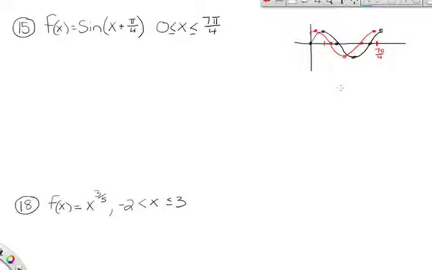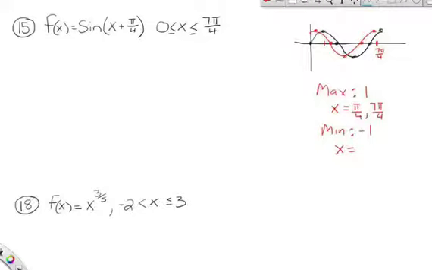The maximum is going to be 1, and that's going to occur on this interval at x equals pi over 4 and 7 pi over 4. The minimum is going to occur, well, it is a value of negative 1, and it's going to occur at x equals right here, which is going to be, where are we?